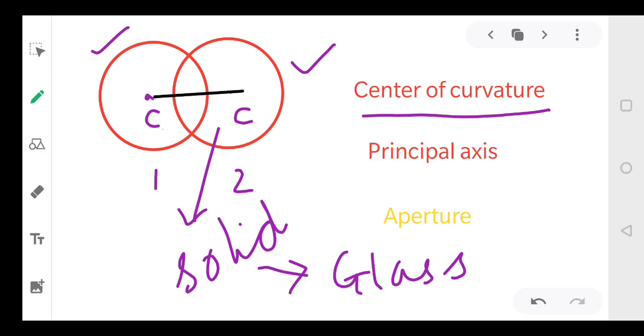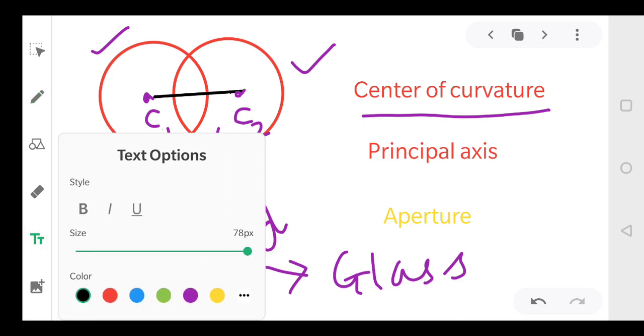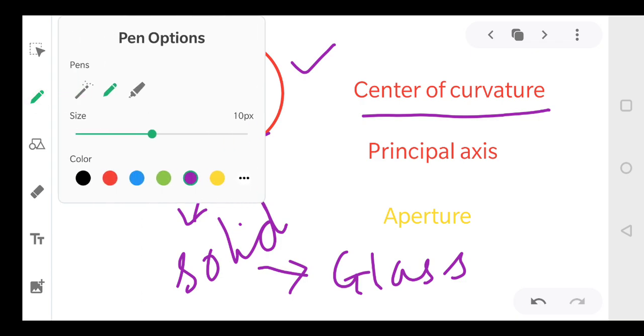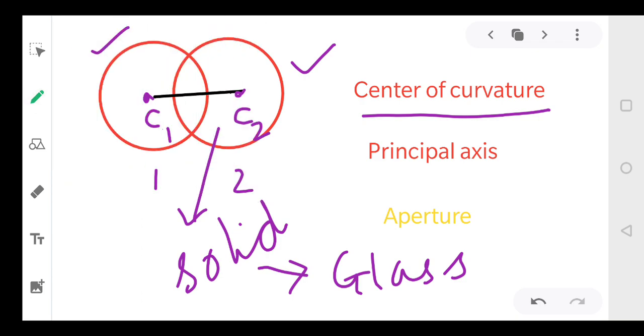And this is the center of the first sphere. This is the center of the second sphere. So we have C1 and C2. Now this area, if you can see this area, will form your convex lens.